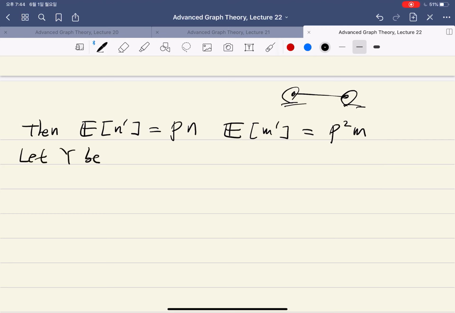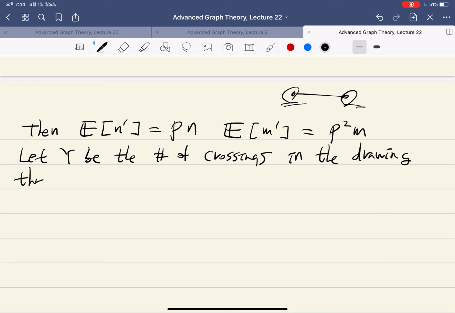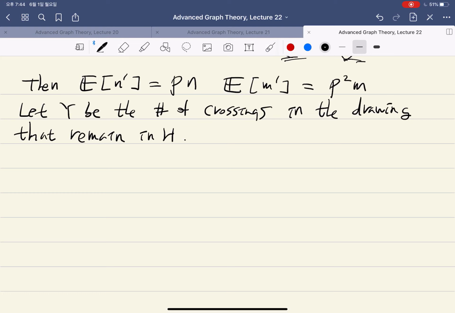I'll let Y be the number of edges, number of crossings in the drawing that remain in H. Then what's the expected number of Y?